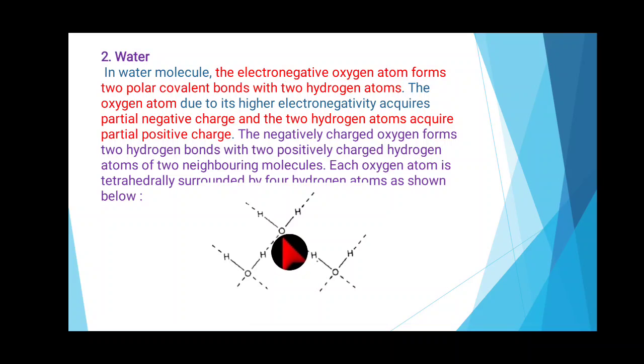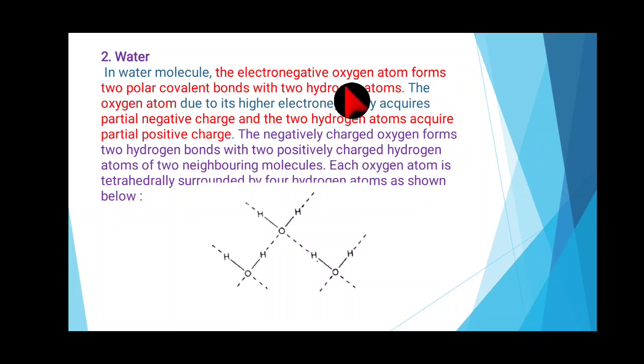Now consider the oxygen. The oxygen is surrounded by 4 hydrogen atoms. 2 are solid bonds, remaining 2 are dotted lines. The dotted line shows intermolecular hydrogen bonding, out of the molecule, between two water molecules. That's why it is called intermolecular hydrogen bonding.